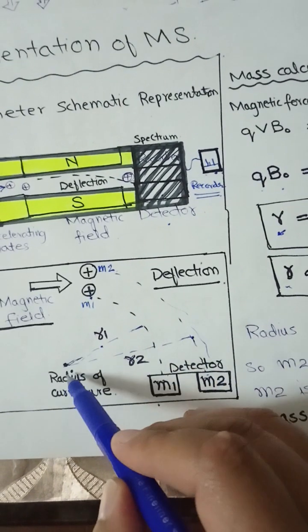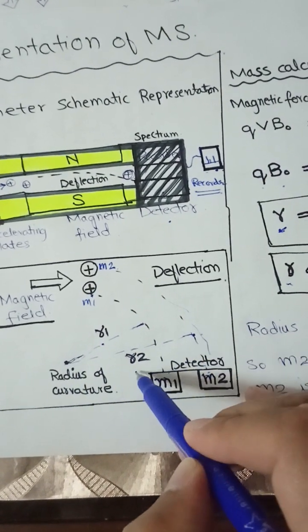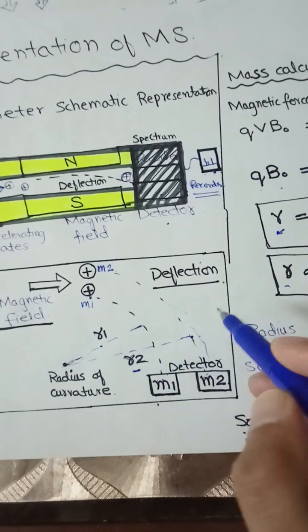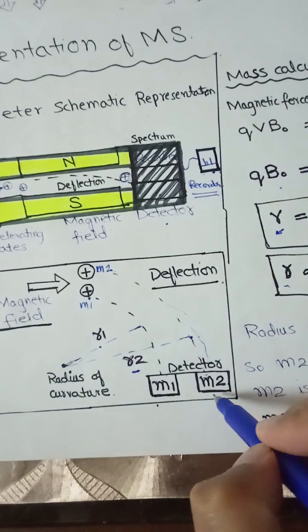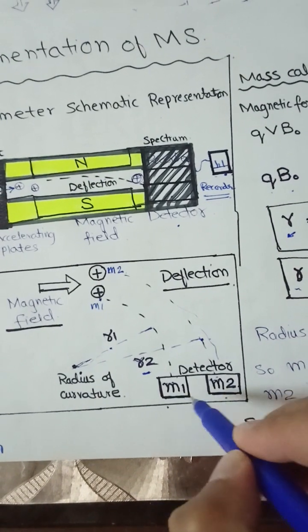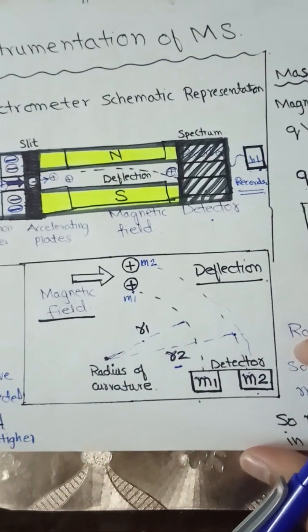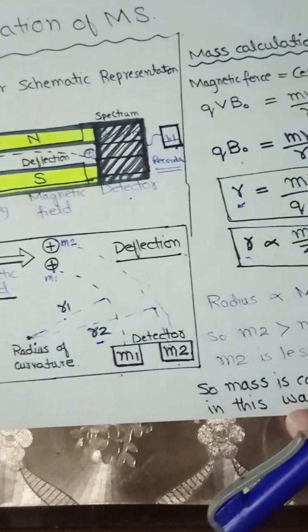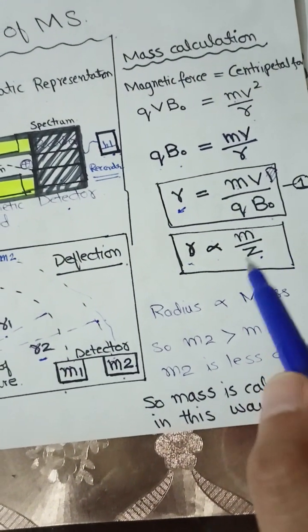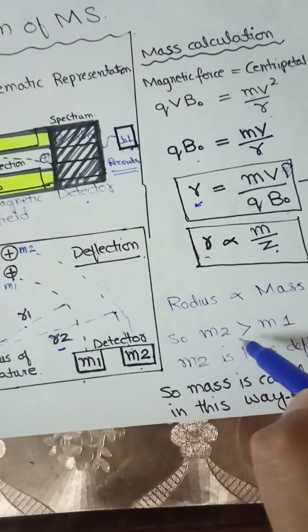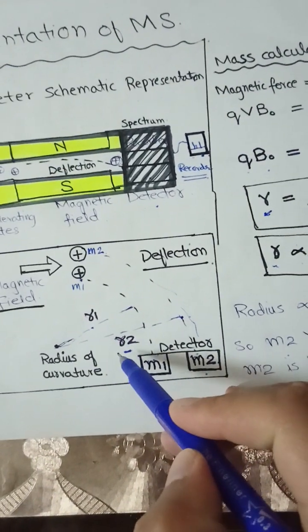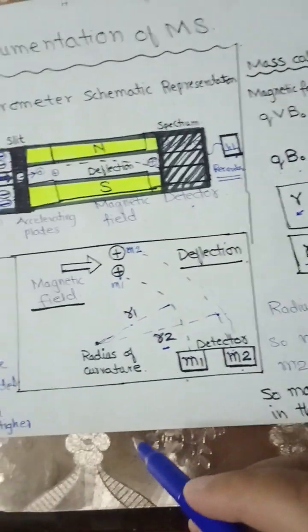Therefore, we get mass m2 from this radius r2. After the detection of m1 and m2, the mass to charge ratio is calculated, and the radius is directly proportional to the mass. So m2 is greater than m1 because r2 is greater than r1.